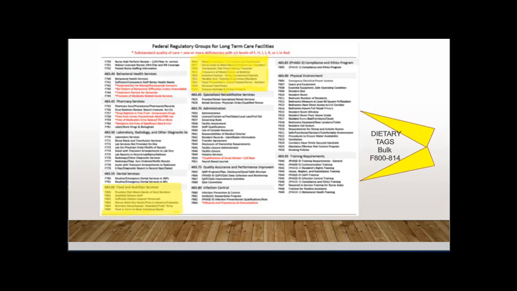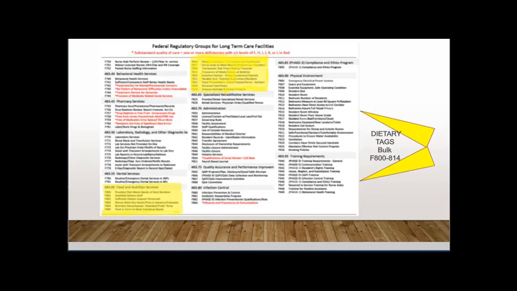But that doesn't mean we can't thread through and have areas under quality of care. We could fall under a quality of life resident rights tag. Each discipline has a heading, a category, but you can also be under the categories for the quality of care groupings. So keep that in mind.